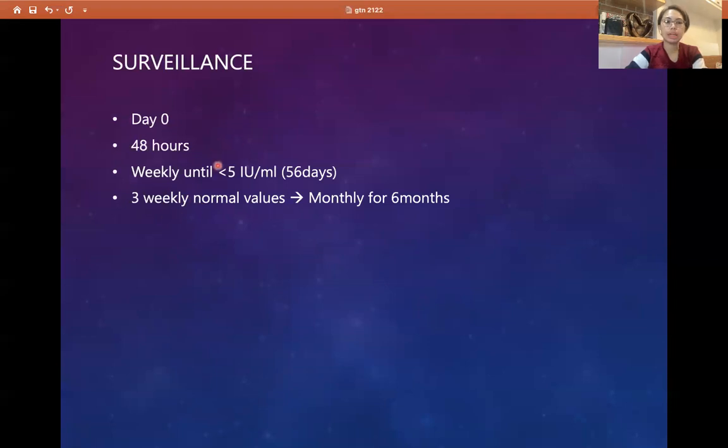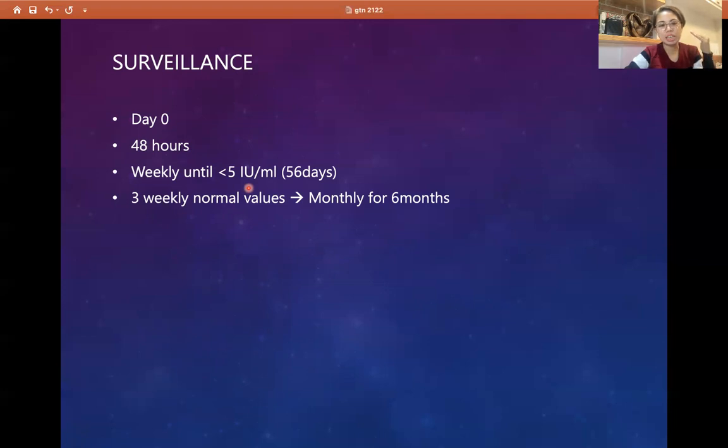Normal values, again, less than 5 international units per ml. So if there are 3 normal weekly values, so again, day 0, 48 hours, 7, 14, 21.